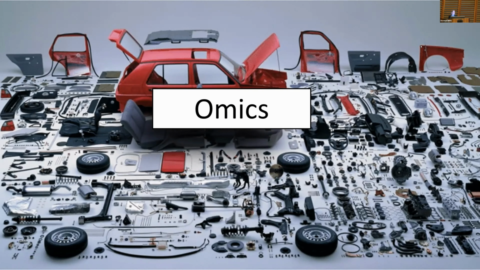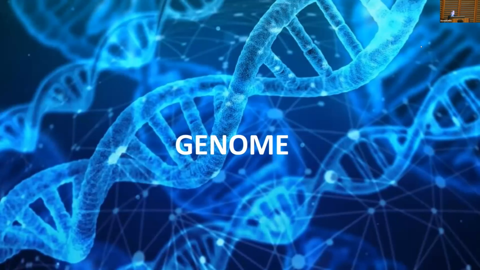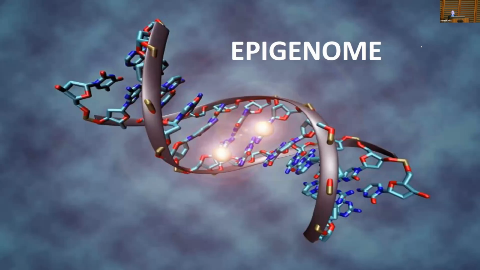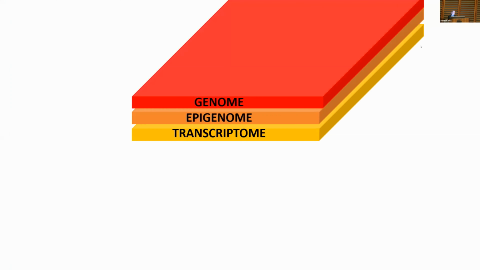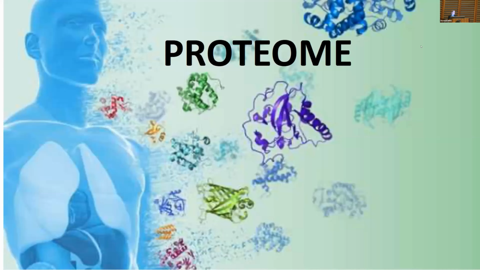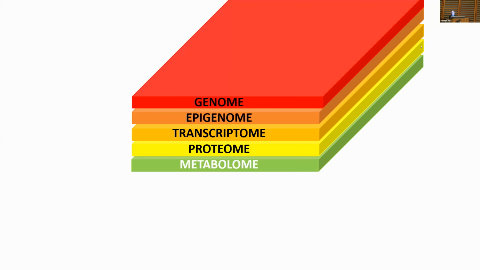And we've talked about this in this multi-omic integration framework, where we take the genome, and then we take the epigenome, and the transcriptome, and the proteome, and the metabolome. We talked about a lot.